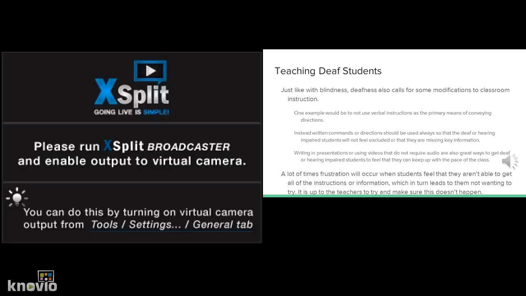Deaf students can see images or videos and acquire knowledge through those avenues, but they are going to need a lot more textual knowledge, textual commands, textual instructions for their assignments. Handing them an assignment and simply speaking the directions to them would not be very beneficial to the student.